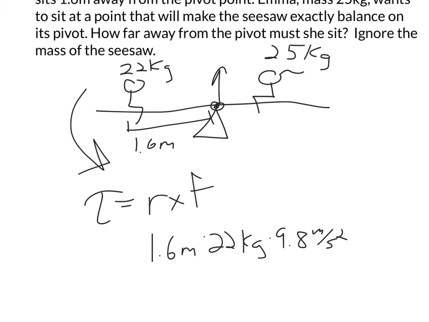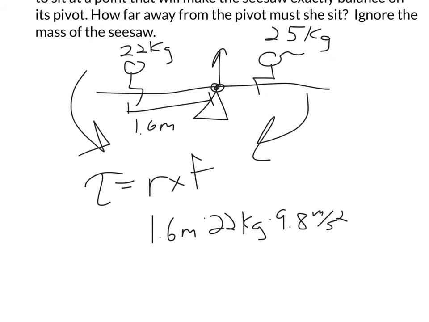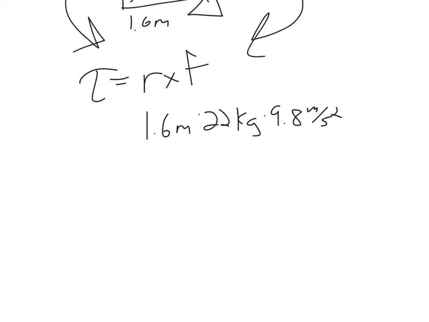Emma has a torque in the opposite direction. So this is Noah's torque, Emma's torque will be equal to her position, her distance, which we have no idea. But we know that her mass is 25 kilograms times g.